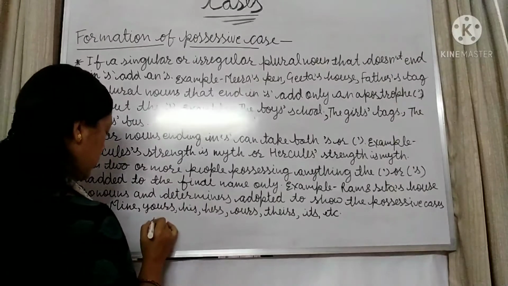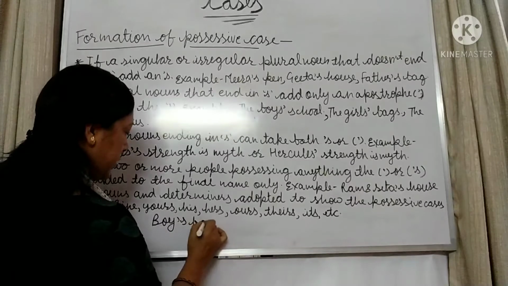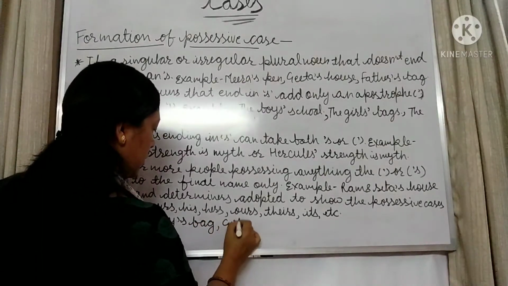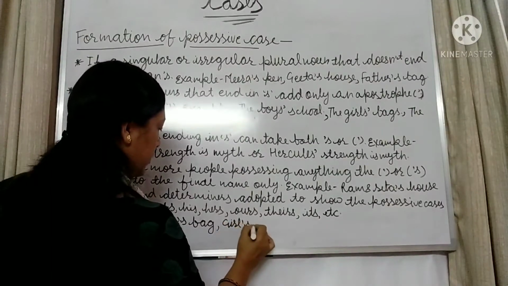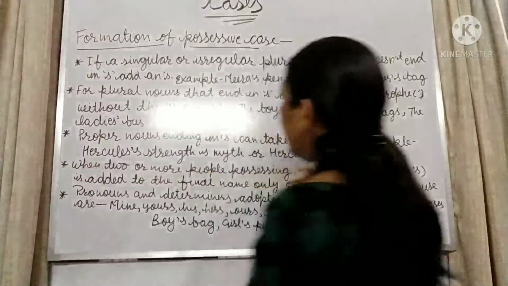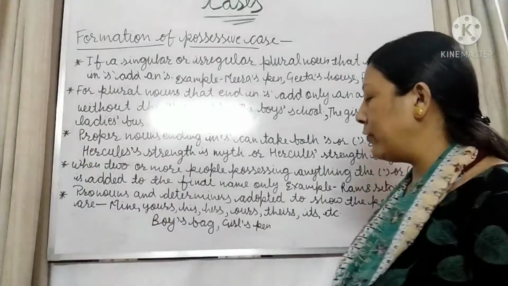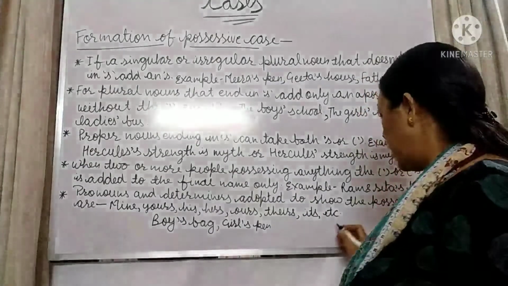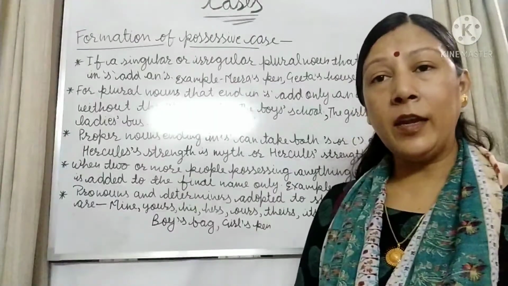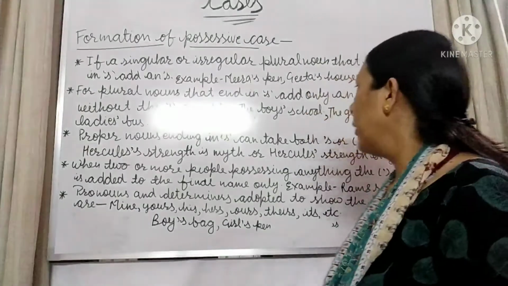In this way, whenever you find a singular or irregular plural, you have to just use apostrophe and s. Okay, for singular and irregular plurals you have to use apostrophe and s.